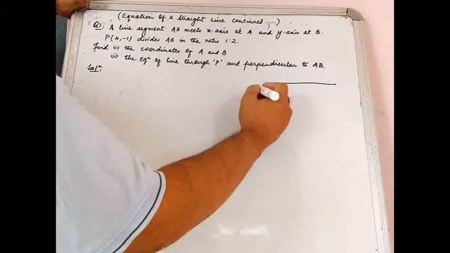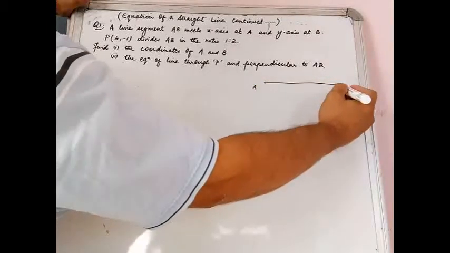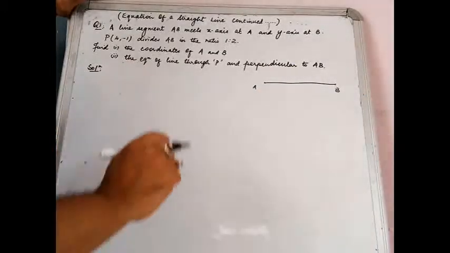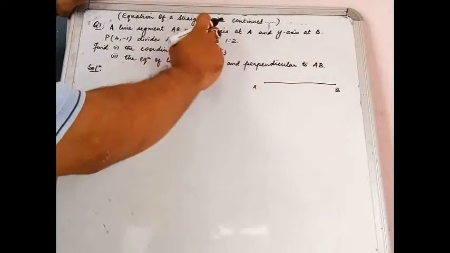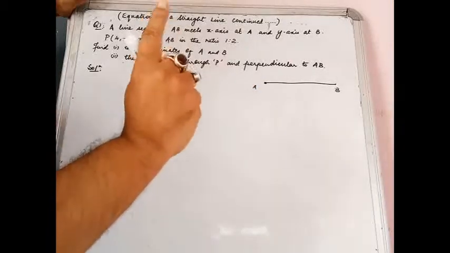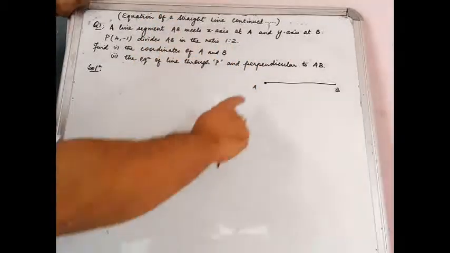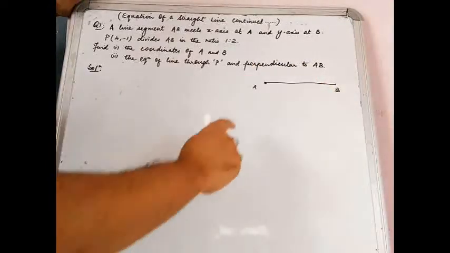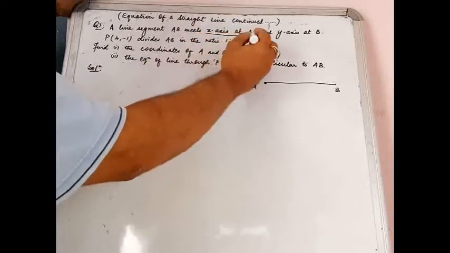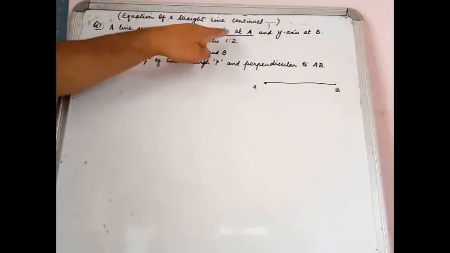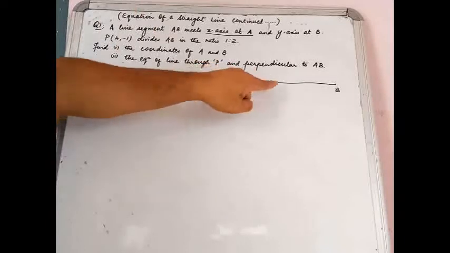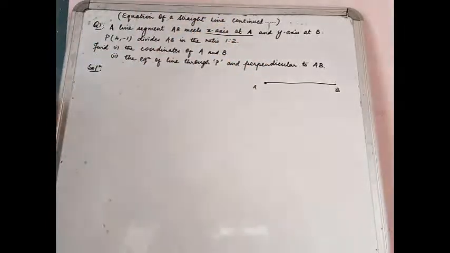Suppose this is the point A and this is the point B. This line AB is meeting the x-axis at A, so this point has two characteristics attached to it. This point is lying on this line and also on the x-axis. That means this point A is lying both on this line segment and on the x-axis.